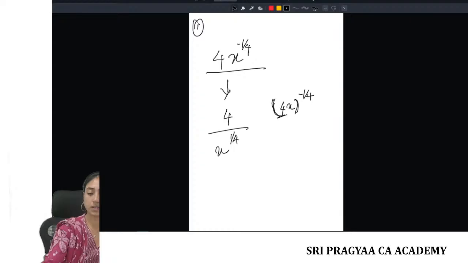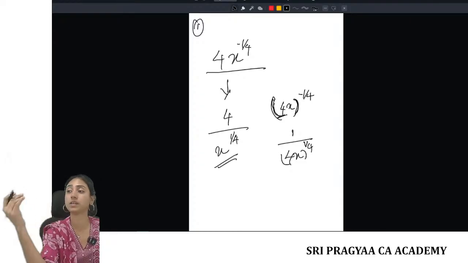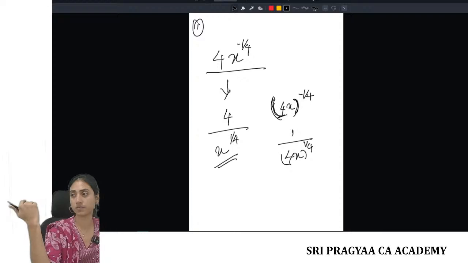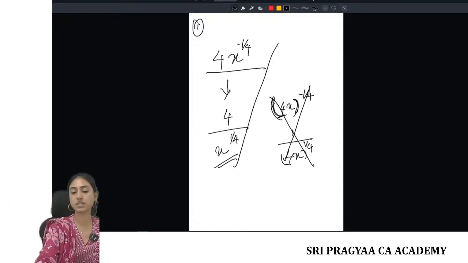So whenever I write this, then this will mean 1 by, whereas this is different. So the bracket here plays a very important role. Bracket everywhere plays a very important role. Where the bracket is placed changes the whole answer. So ideally this was not your question, this is your question. So the answer would be C.